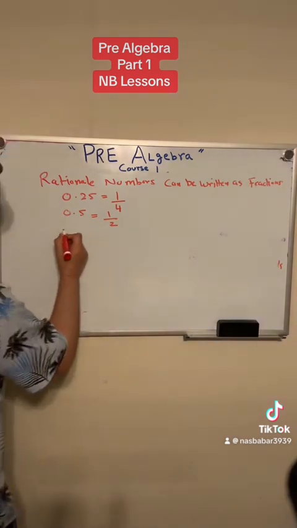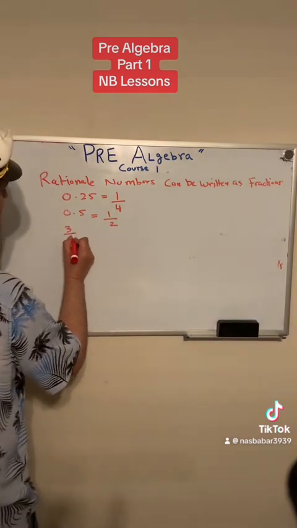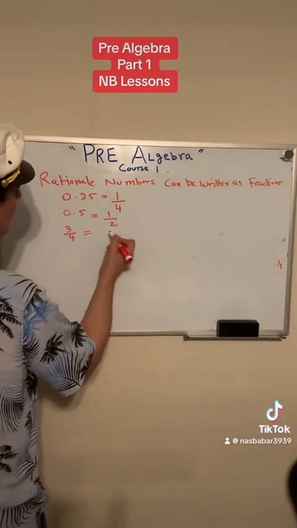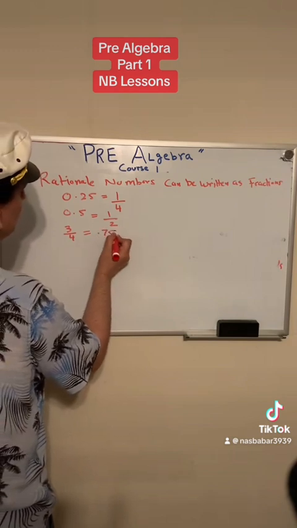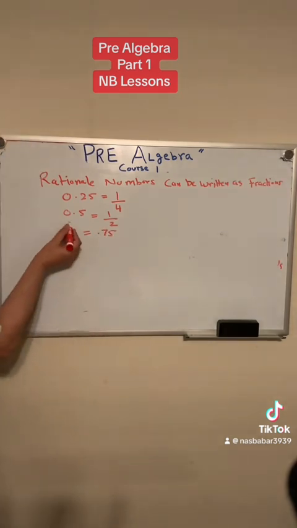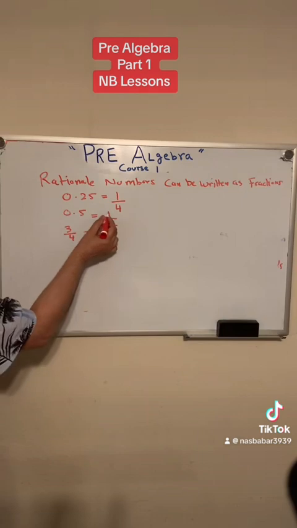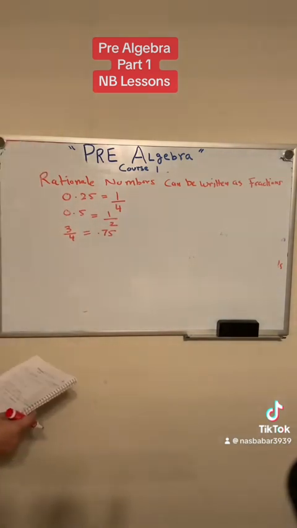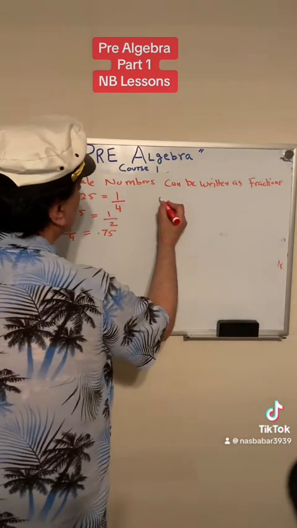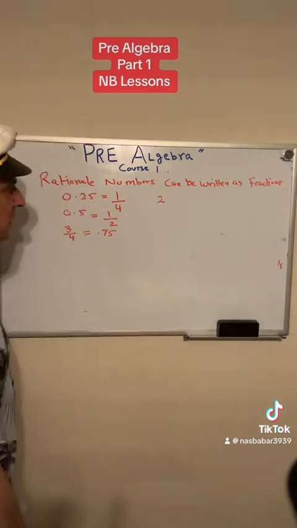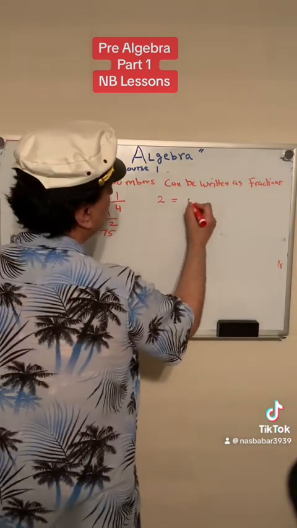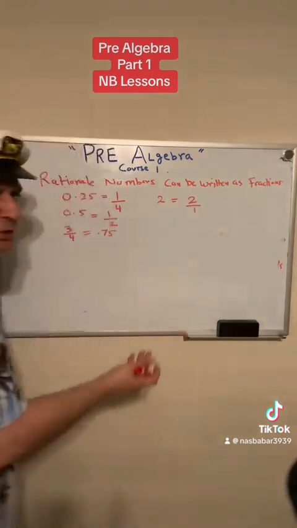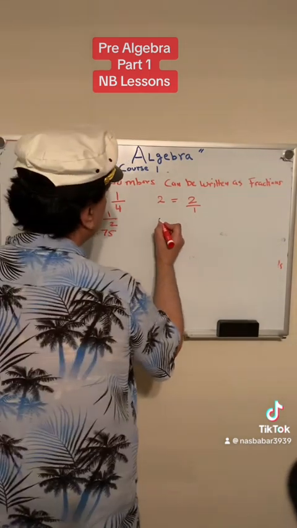All right, 3/4, that is 0.75, so that's a fraction. So all of these numbers which can be written in the form of a fraction are rational numbers. Even 2, let's say the number 2, it can be written in the form of a fraction. I can write it down as 2/1. It's still 2.